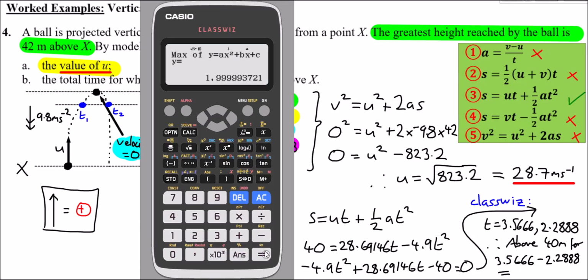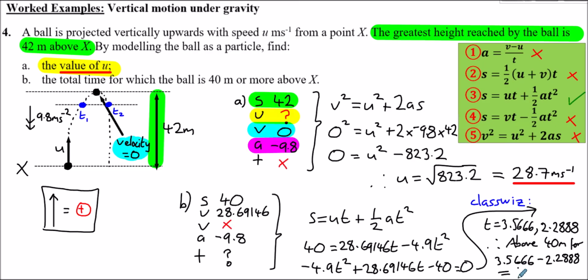So just going back to what we had earlier, so 3.5666, 2.2888. So I'm going to go back to menu option 1 to just do the normal calculation. 3.5666 minus 2.2888. Press equals. Now we can round it to an appropriate degree of accuracy. We get about 1.28 seconds.